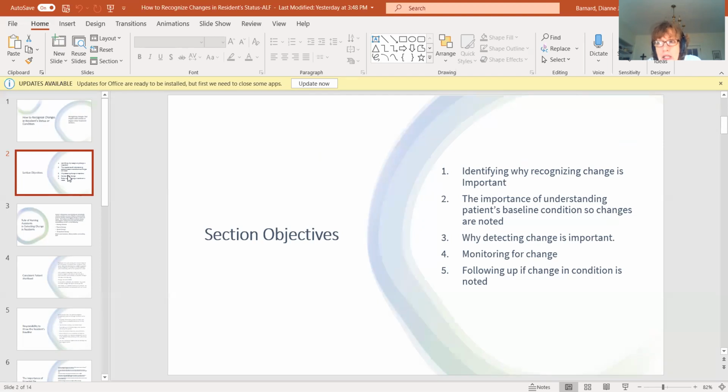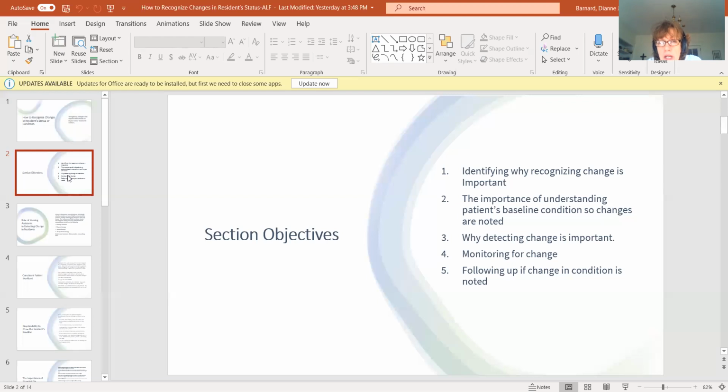Now, normally changes in condition are unfortunately negative things. You could report a change in condition if you were monitoring for someone who perhaps had depressive symptoms and they were ordered an antidepressant, and all of a sudden you noticed that they were more interested, invested, wanting to go to the activity room or whatever.